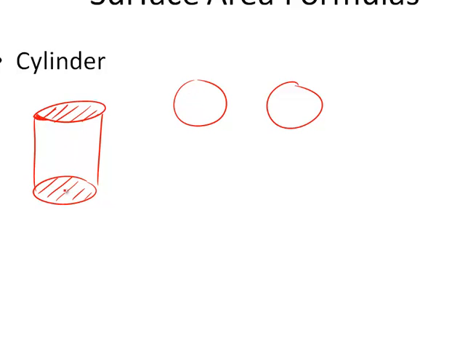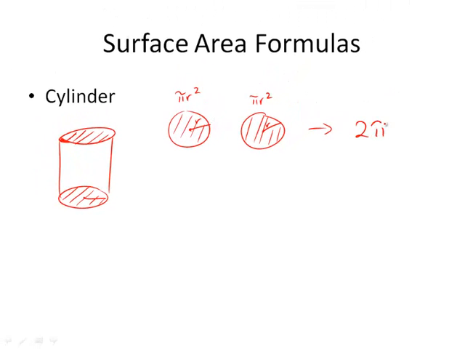And usually the radius is given. So you have the radius here, and you can find the area of those circles. They're always pi r squared for the area, which we determined in a previous lesson. So really that gives us 2 pi r squared covering both these circles.